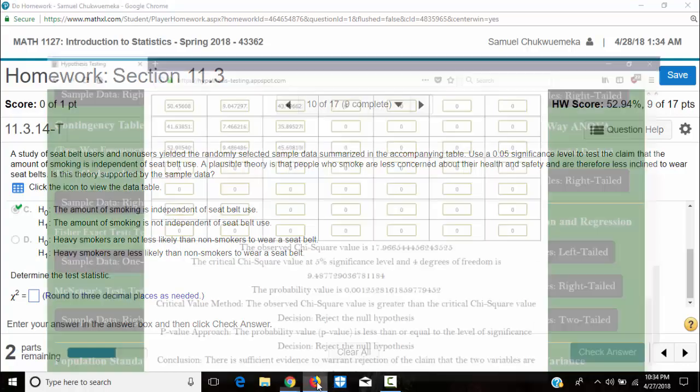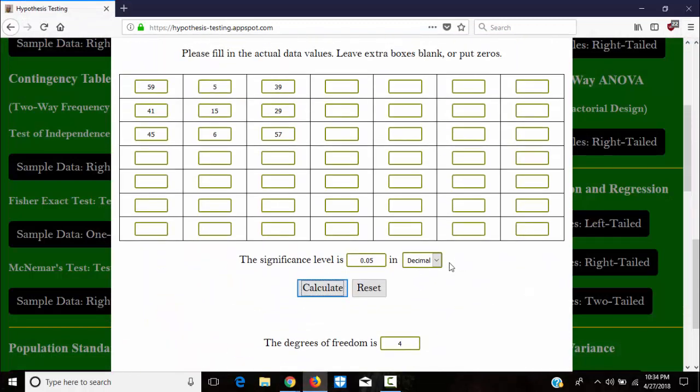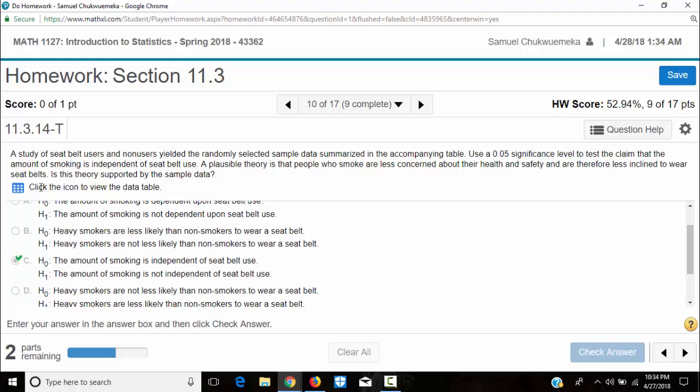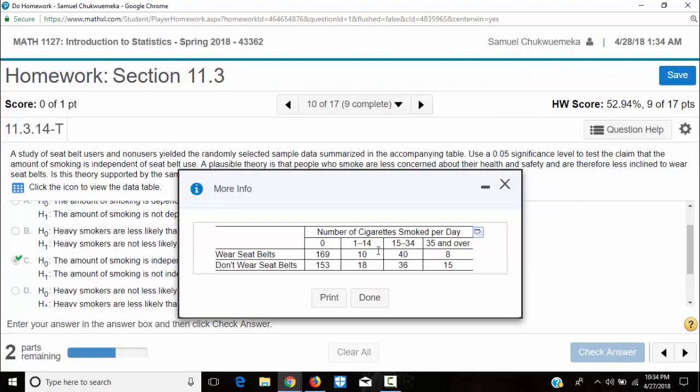Determine the test statistic. Let's reset and refresh. Click on the icon to view the table. Here we have a 2 by 4 table, 2 rows and 4 columns. The first row is 169, 10, 48.